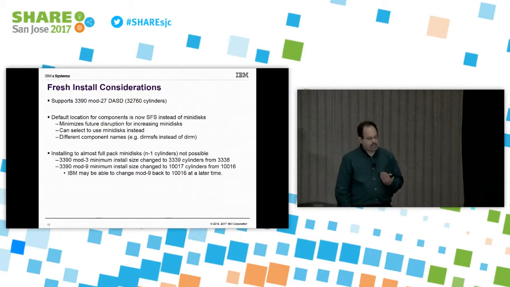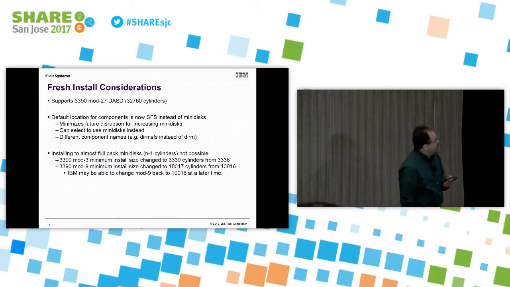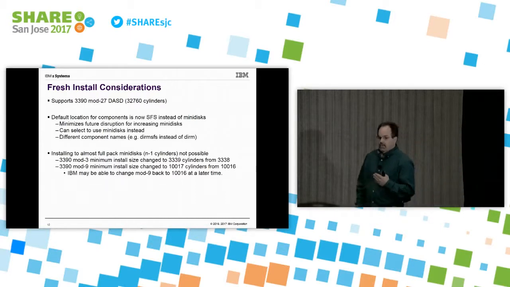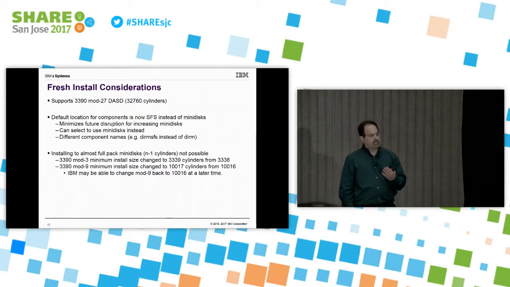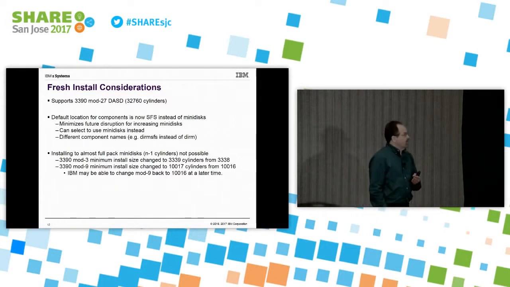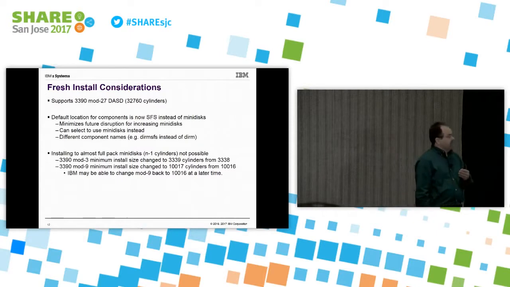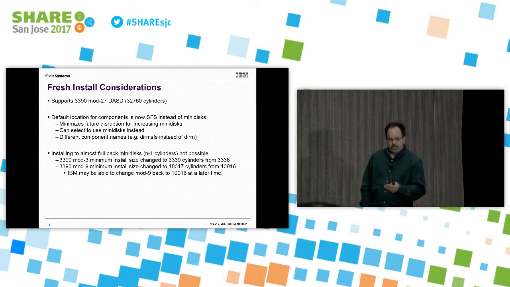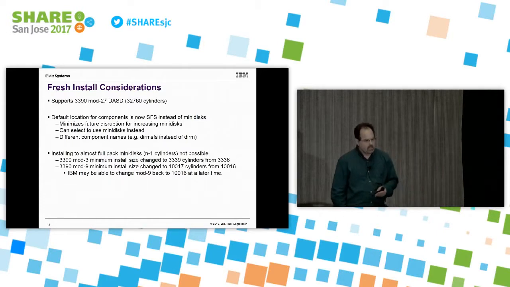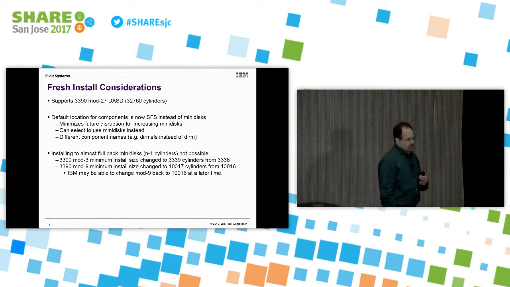If you're doing a fresh install, there are some things to be aware of as well. You can now use mod 27s, 3390 mod 27s, for install. For components, the default is SFS directories instead of minidisks. You can still use minidisks if you don't use SFS.